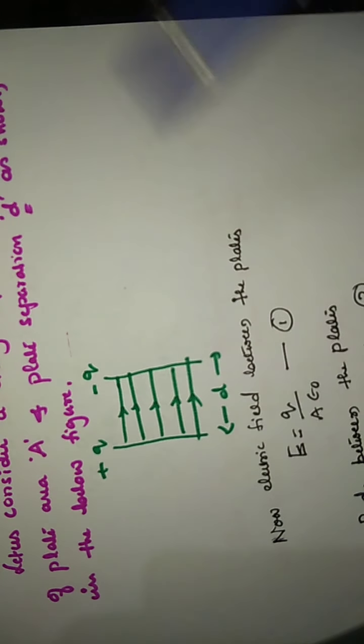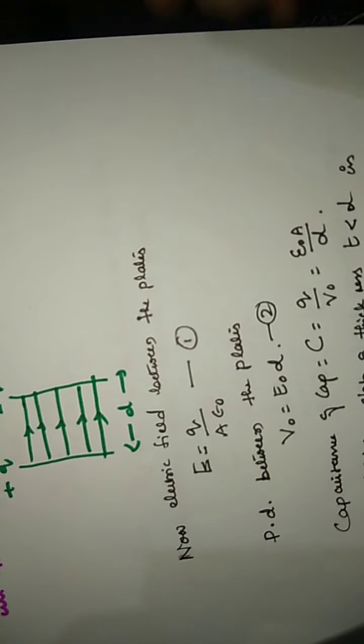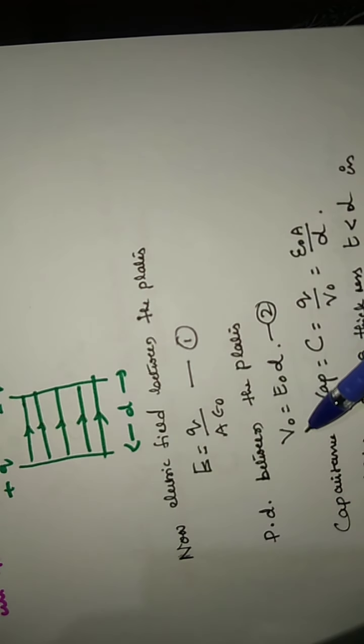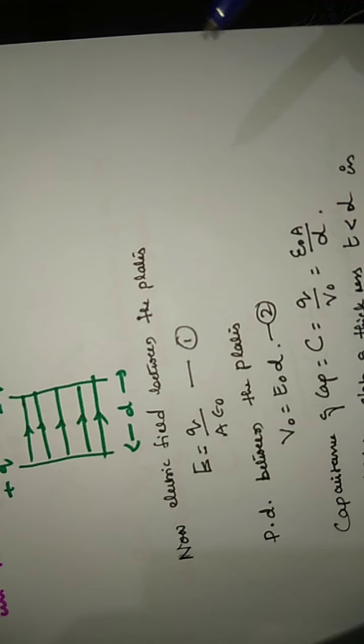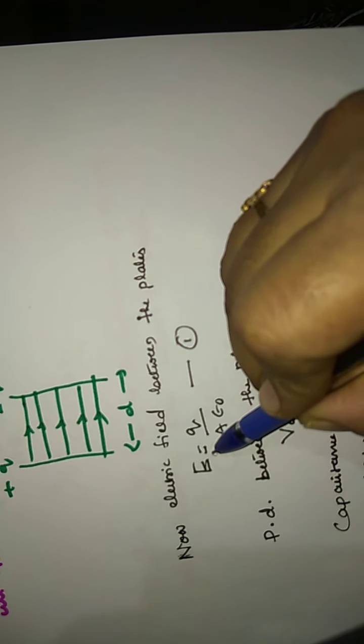Now from Gauss law we can write the electric field E is equal to Q divided by A into epsilon naught, and the potential difference is given by V naught is equal to E naught into D. See here, this is E naught.